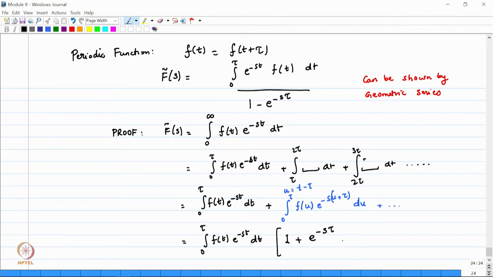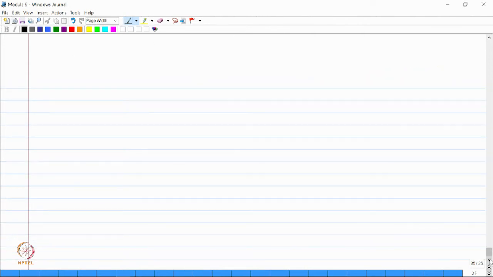In the second case I will get plus e to the minus 2 s tau plus so on. And using the geometric series, this goes all the way to infinity, so I can replace it by this. So when you have a periodic function, you do not need to integrate from 0 to infinity, you just integrate over one period and you divide by this factor. That is the Laplace transform of a periodic function.